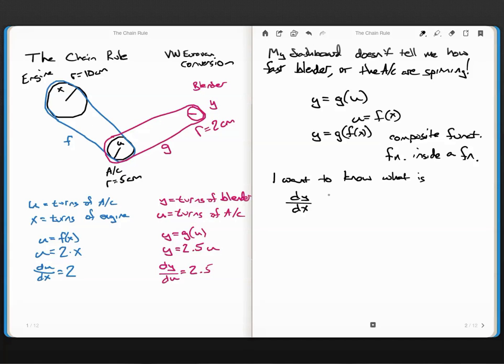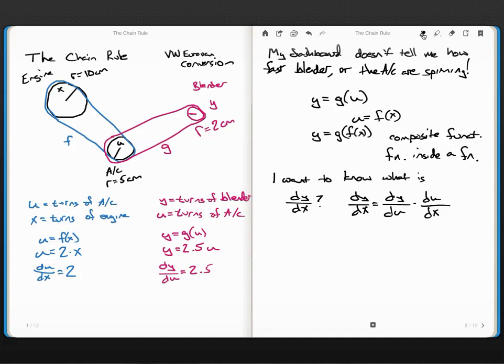So how do I get that? Well, dy dx is going to equal dy du, how fast is y going relative to this, times how fast is this going relative to this. So it's dy du times du dx.